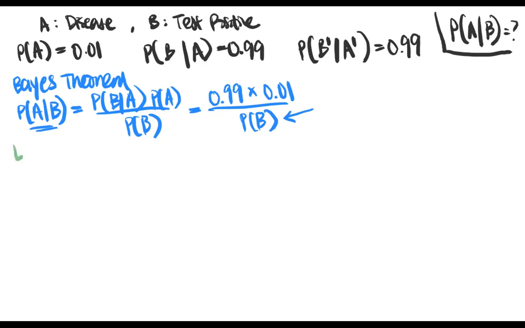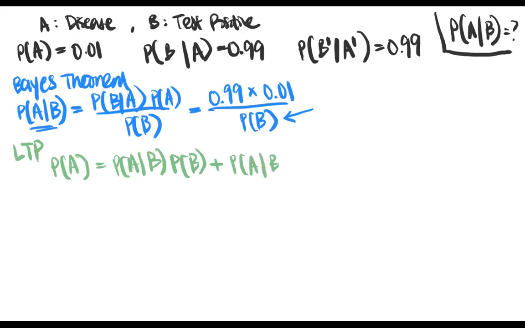So we don't have probability of B, but we have all these other things. Let's talk about the law of total probability. The law of total probability, I'm just going to call LTP for now, states that the probability of A is equal to A given B multiplied by probability of B plus probability of A given B complement, times probability of B complement. I will say this is a formula that I almost never memorize.